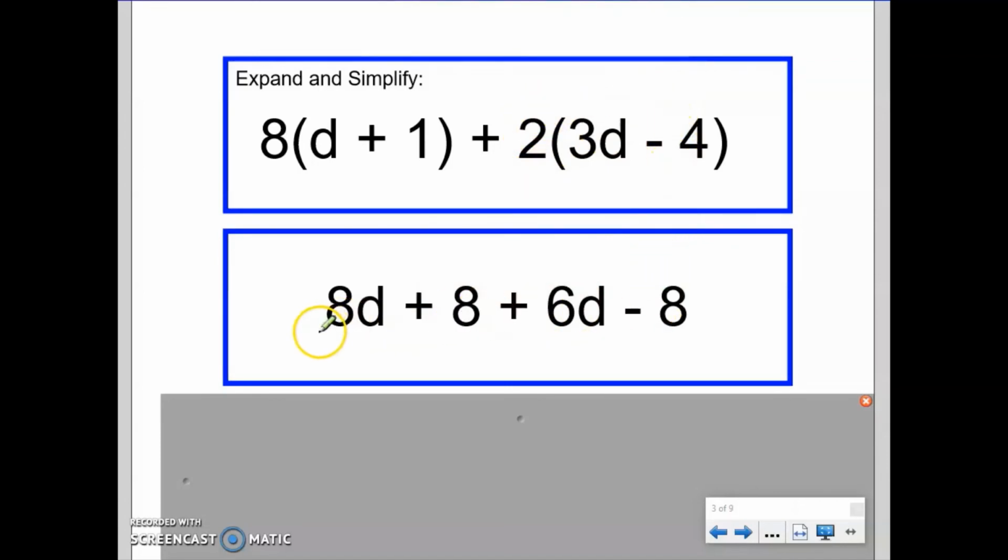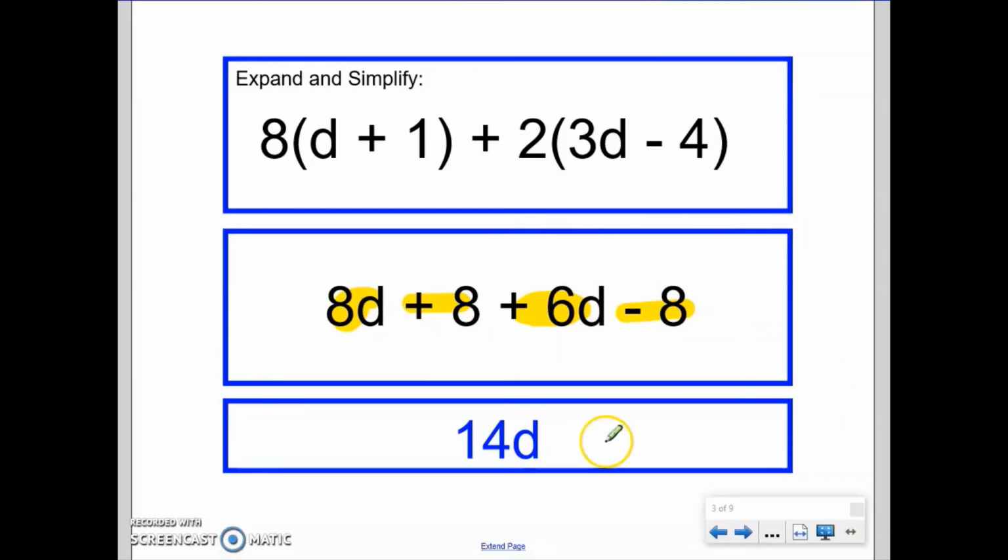Then I go to collect my terms. 8d's add 6d's gives me 14d's. Plus 8 take away an 8 actually gives me 0. So I'm left with 14d's because the +8 and the -8 actually cancel out. So my simplified expression is just 14d.